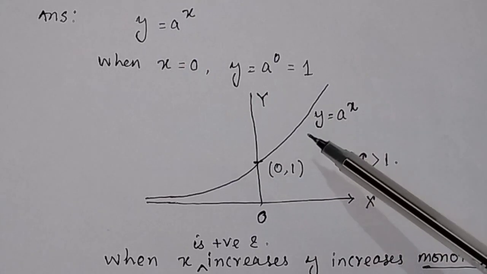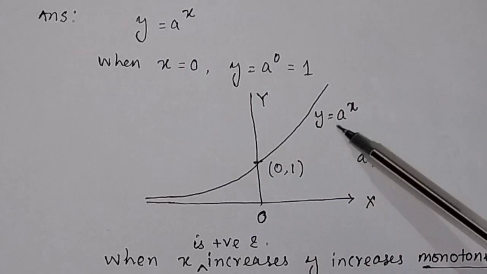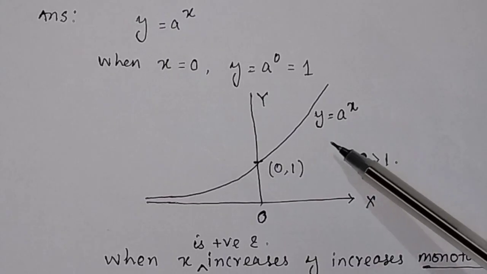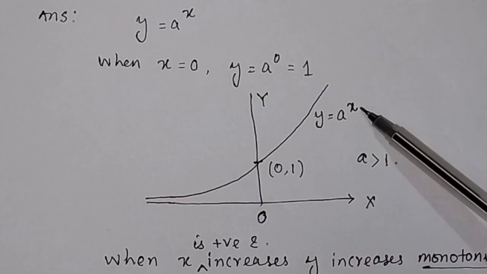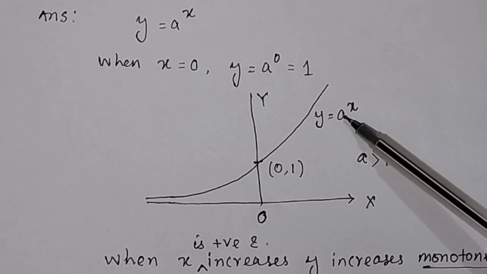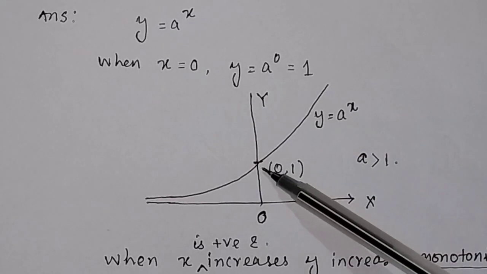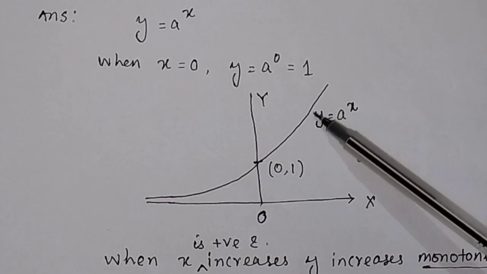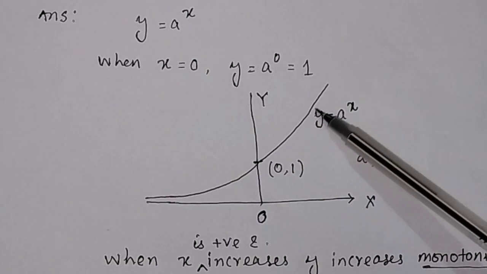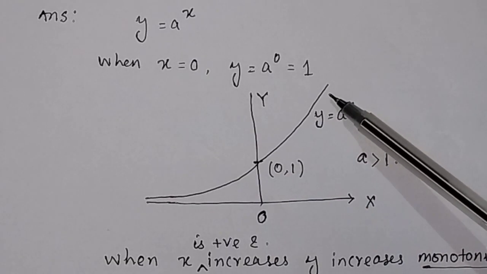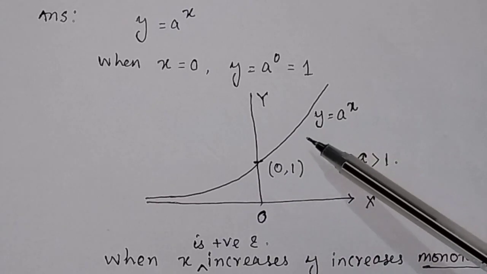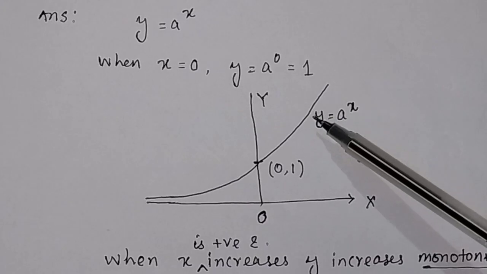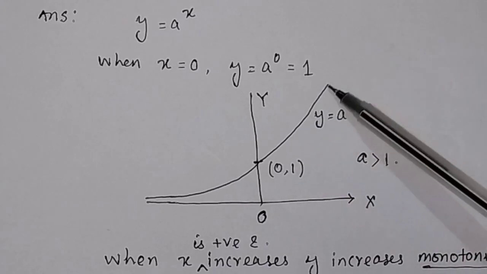Then what will be the nature of the y equal to a to the power x if you increase the value of x? If you increase the value of x, then the value of y will increase monotonically like this. So when x is positive and increases, the value of y increases monotonically.